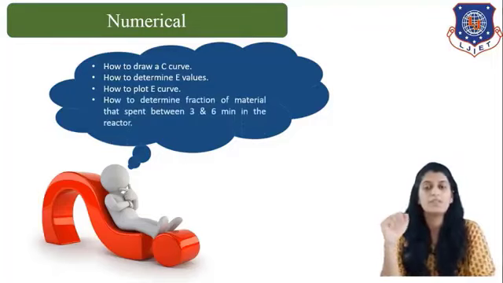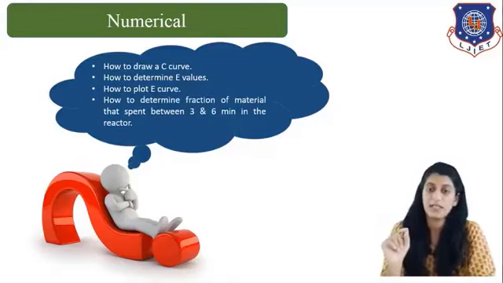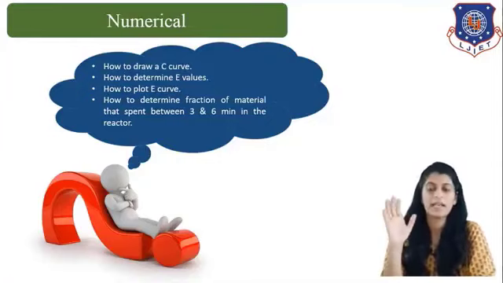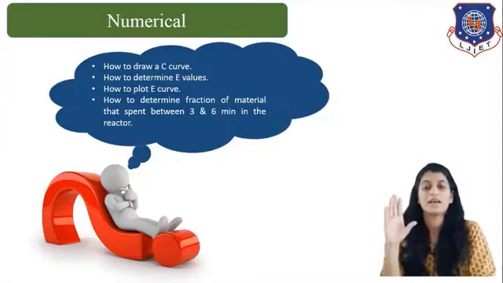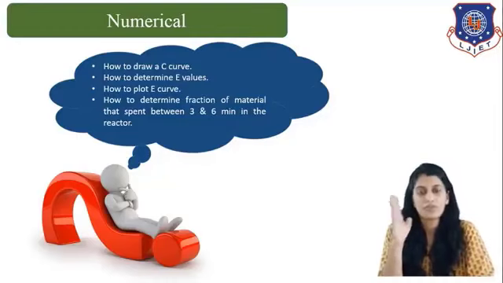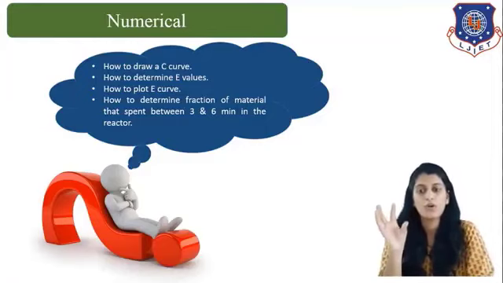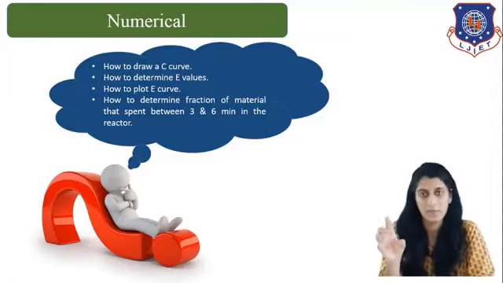And the last question is how to determine the fraction of material that has spent time inside the reactor from 3 minutes to 6 minutes. Basically, for the amount of material which has spent 3 to 6 minutes inside the reactor, we need the summation of all that material.